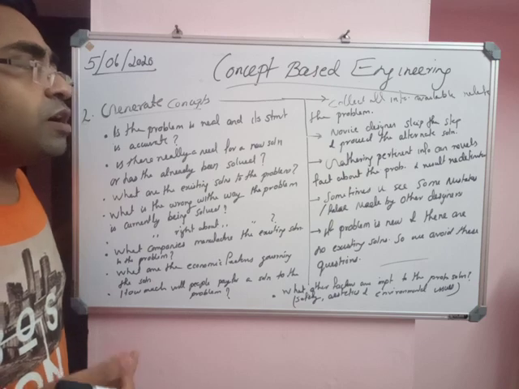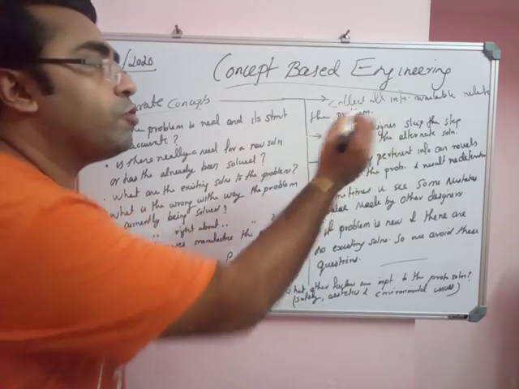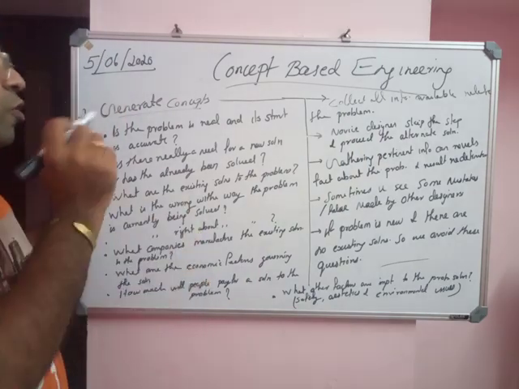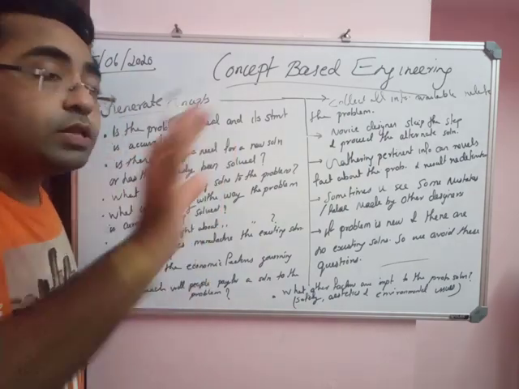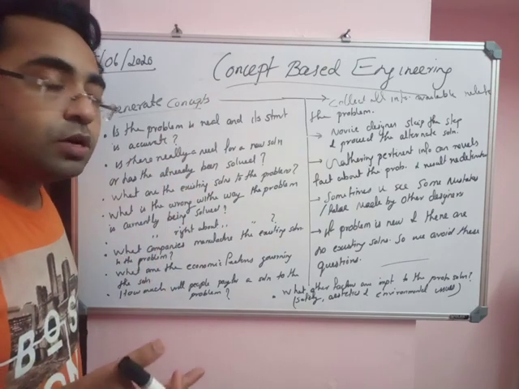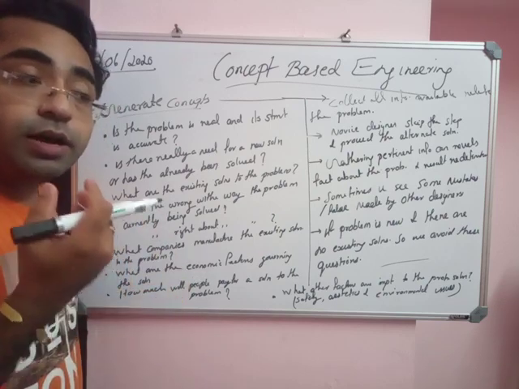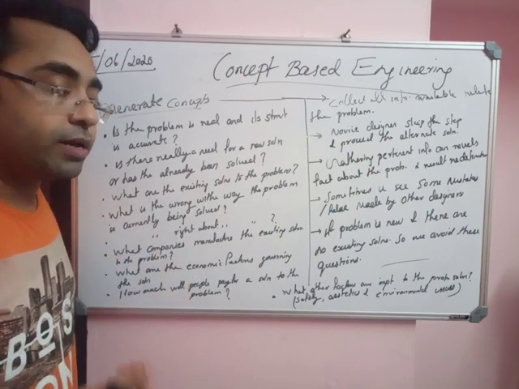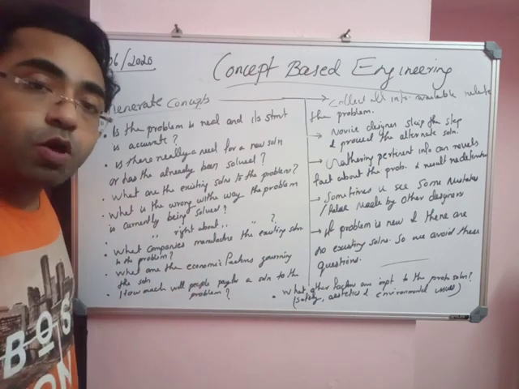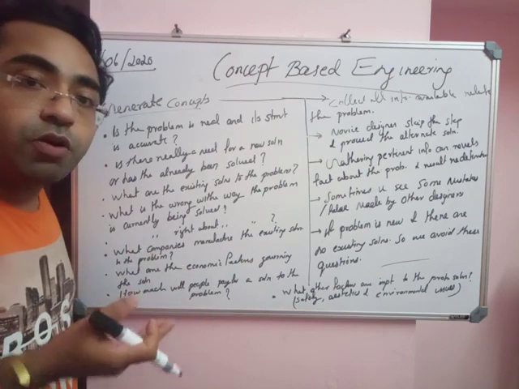First of all, a design engineer should collect all the information available related to the problem. For example, if you are going to design a heater, then we will collect all the related documents about heaters available in the market, technical notes, or catalogs.